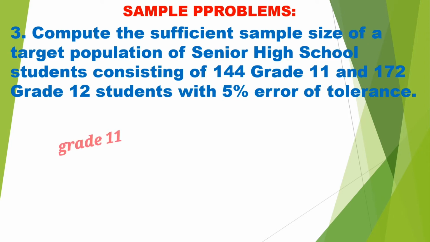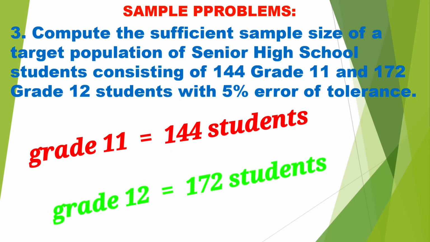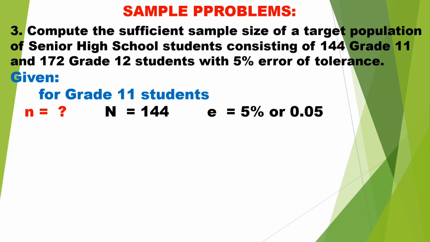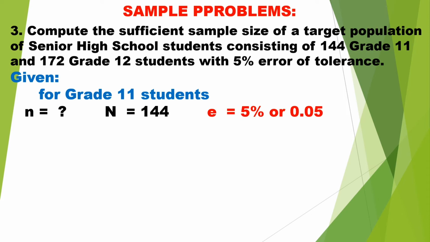We have grade 11 and grade 12 with different numbers of students. For our given, lowercase n or sample size is unknown. Uppercase N or the population is 144 for grade 11 and 172 for grade 12, and our margin of error is 5% or 0.05.